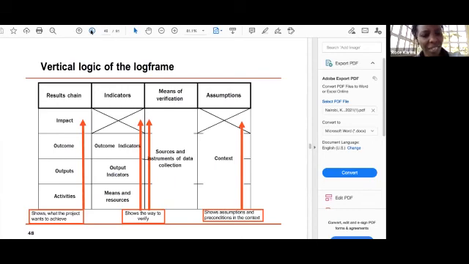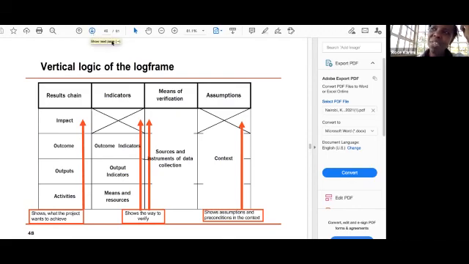And then the activities, if you remember our objective tree, those activities should be around our means and resources we have. And then the outputs will give us the indicators. And then in the outcome, we also have some outcome indicators. So the impact is going to show us what the project wants to achieve. And then the indicators are going to show us the way to verify.